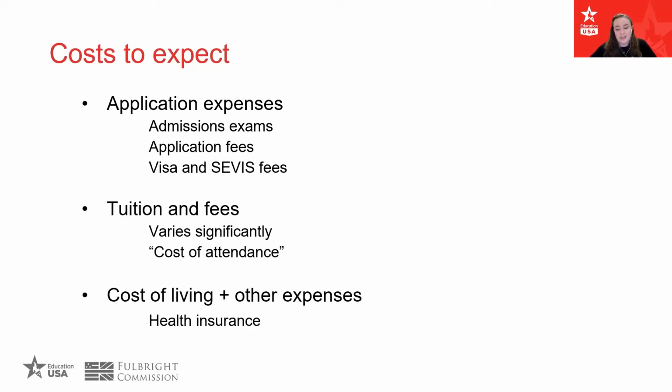And also, much like here in the UK, cost of living can vary wildly depending on where you're based. And as well, keep in mind the cost of rent if you live off campus, whether, if you're in a rural area, you might need a car to get around, and things like health insurance. Again, you can find more information on that on our website. But those are just some of the main costs to keep in mind and to anticipate ahead of this process.